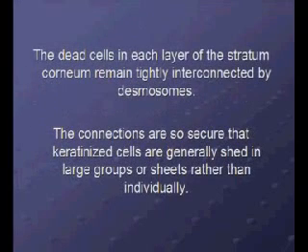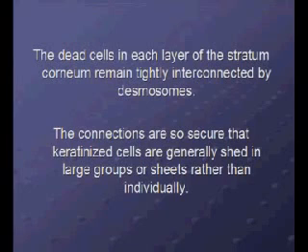Now, dead cells in each layer of the stratum corneum remain tightly interconnected by desmosomes. If you remember earlier in previous lectures, we talked about intercellular connections: desmosomes, hemidesmosomes, tight junctions. So the dead cells in each of these layers of the stratum corneum will remain tightly interconnected. The connections are so secure that keratinized cells generally, when they die and shed off, will shed off in large groups or sheets rather than individually.